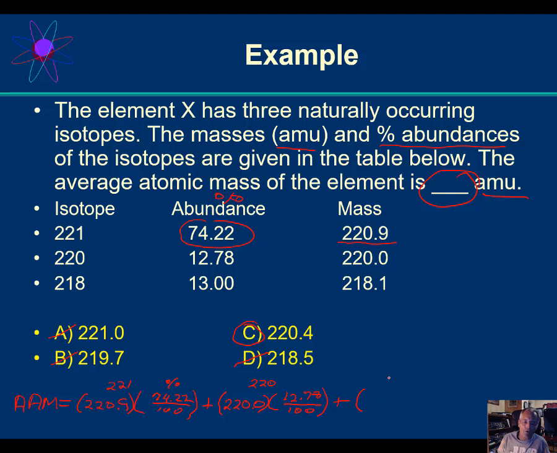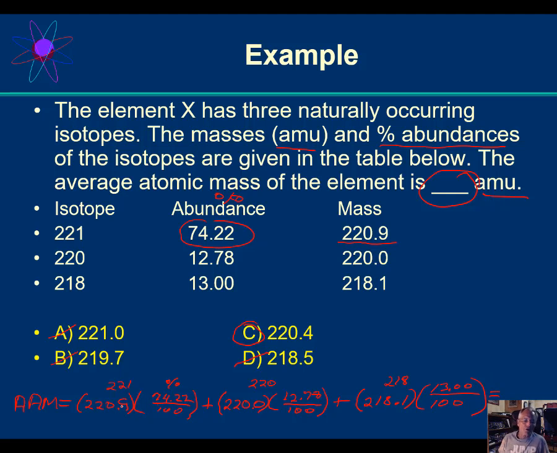And the last one is isotope 218, which has an actual mass of 218.1, and then we're going to multiply that times its percent abundance, which is 13.00. We'll divide that by 100.